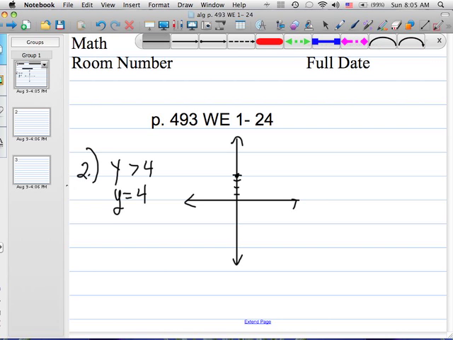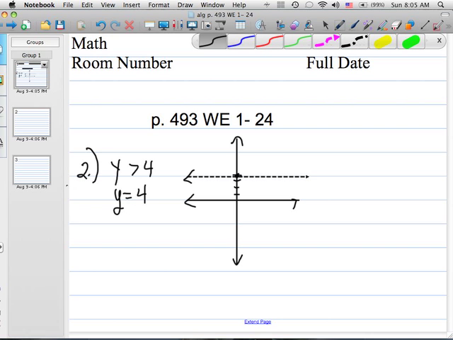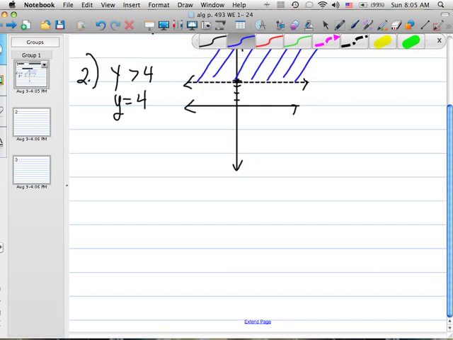I know it's a horizontal line going through wherever y is 4, so I'm going to draw a dashed line since it's greater than. And greater than would be above. You can also use a different color, you can use lines like this, so it would be everything above. That would be greater than. If I pick any point up here, the y value is greater than 4.